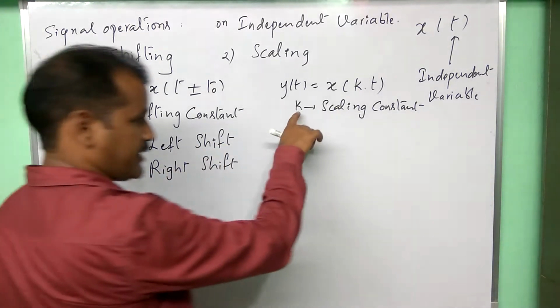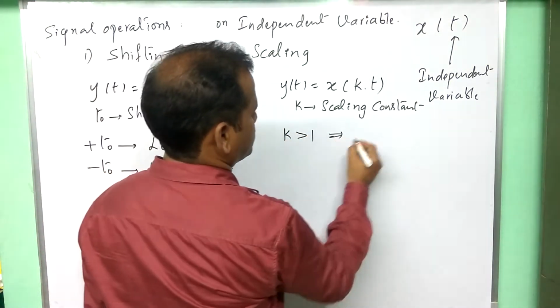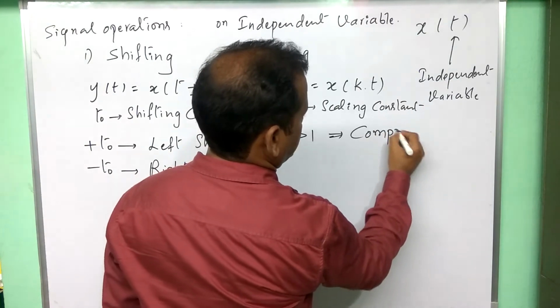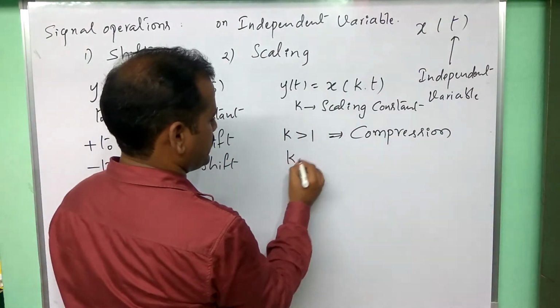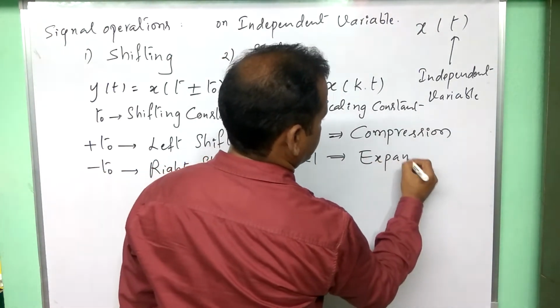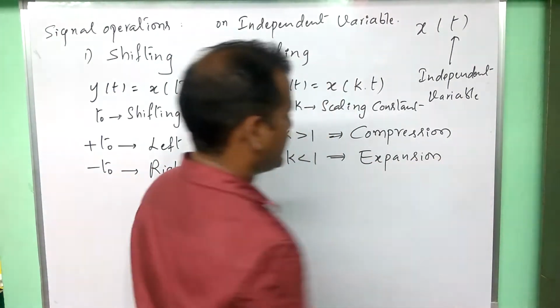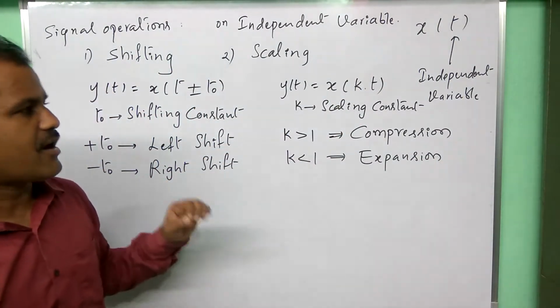Similarly, if the k value is greater than 1, we call it compression operation, and if k value is less than 1, that is called expansion operation. Let us see why these four variations are called like this.